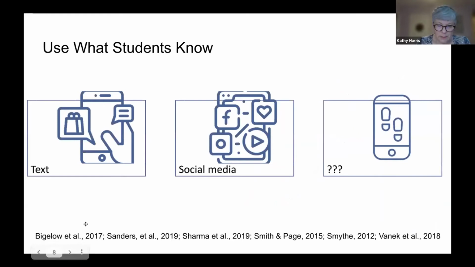Thanks, Jen. All right, so another thing to think about to create learning opportunities is to use what students know, and it doesn't matter what language they know it in. So many of our students use text, and they use it in all the different languages that they interact in.